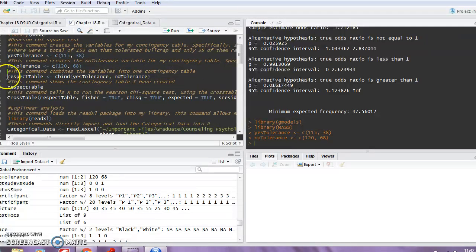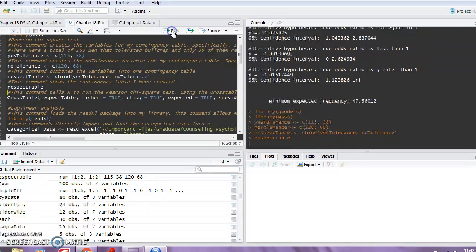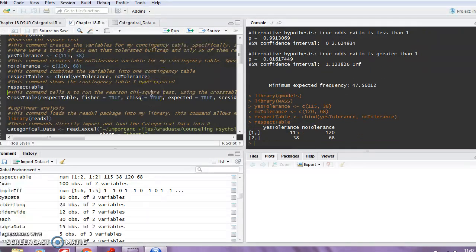The next thing that you want to do is use the combine function to combine them into one contingency table. And you can call it whatever you want. I called mine respectable. So the next command shows our contingency table. Just to break it down, this is our yes tolerance column.